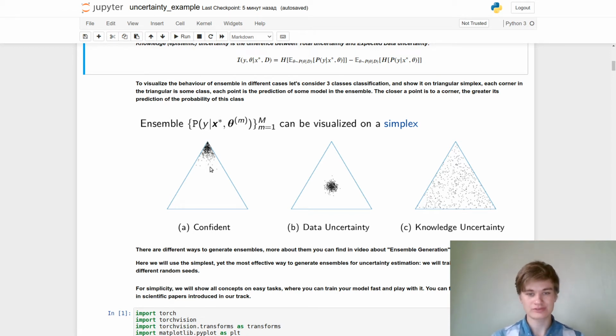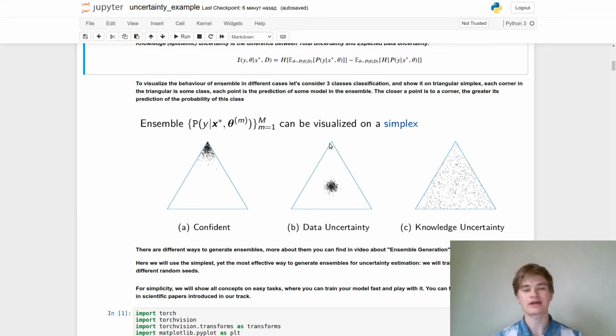Each point here means some prediction of some model in the ensemble, and the whole range of points is the whole ensemble. If the prediction is confident, then all models predict a similar corner of our triangle.